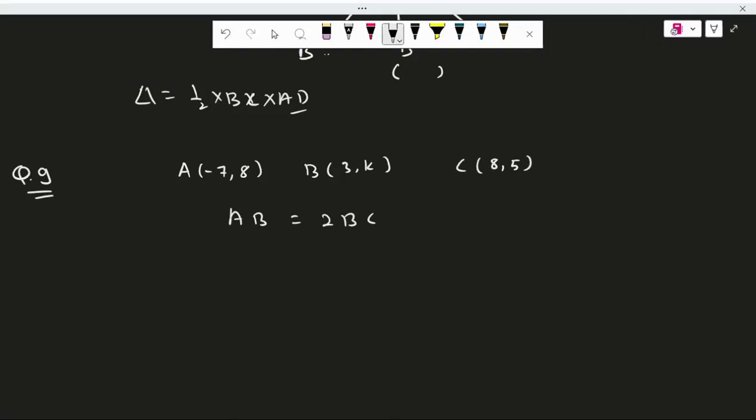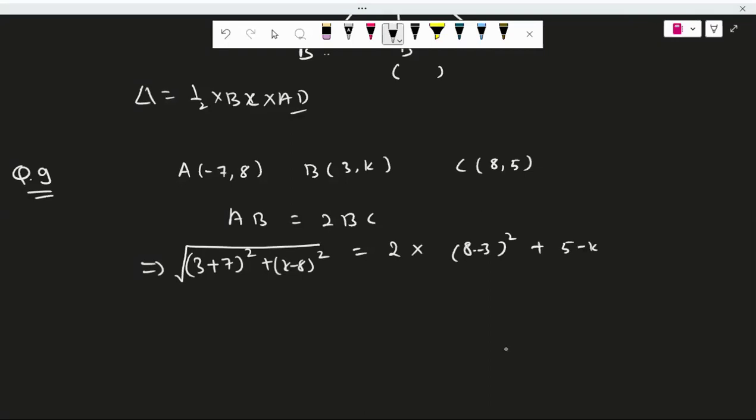So AB, using the distance formula, will be the square root of (3 plus 7) whole square plus (k minus 8) whole square, equals 2 times BC. For BC, we have the square root of (8 minus 3) square plus (5 minus k) square.